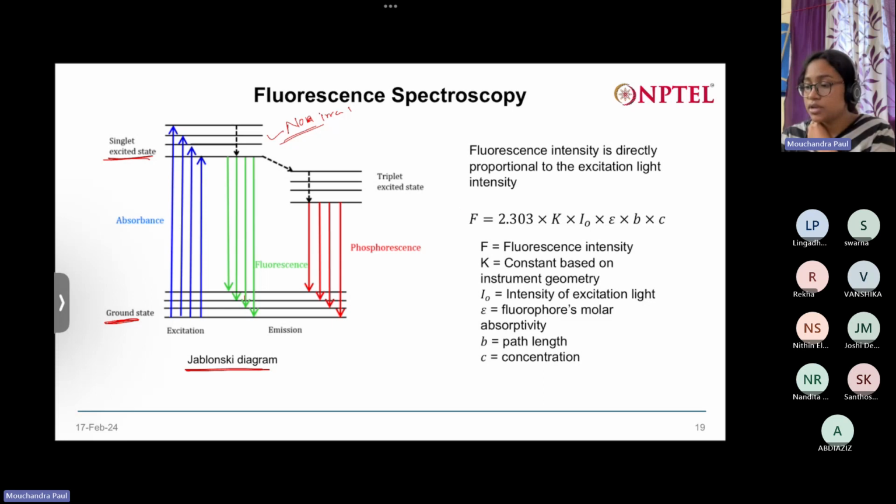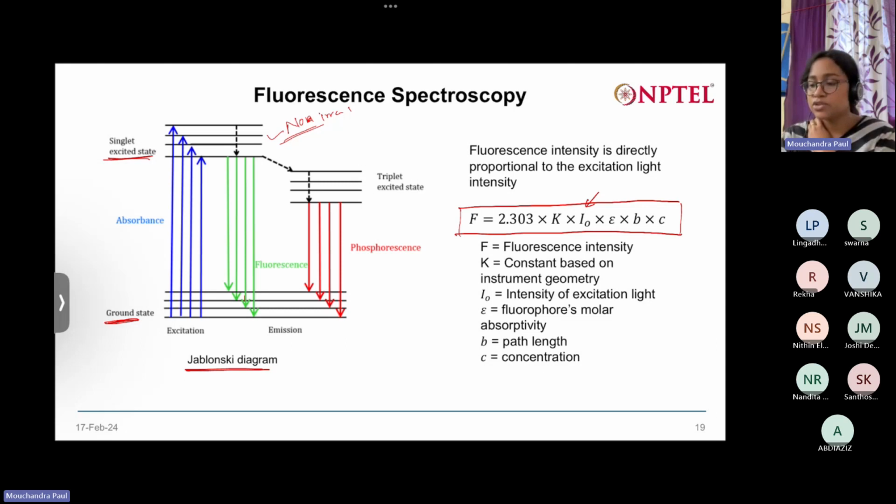You can actually quantify the fluorescence intensity using this particular expression, where I naught is the intensity of the excitation light, and all other parameters are given in front of you. So this is just a brief understanding of how fluorescence happens.